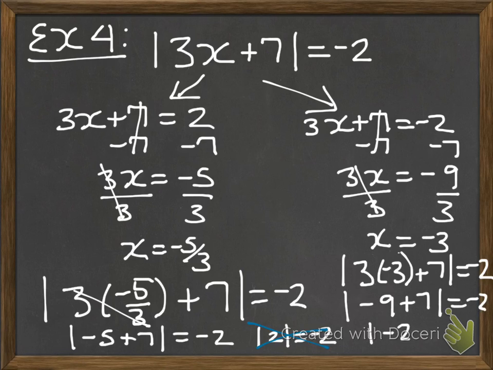And here we'd end up with the absolute value of negative 2 equals negative 2, which again we know is not true. So how we would write the answer to this, which many of us may have noticed right there at the beginning, is you would say that this has no solution. You can write that as a little circle with a line through it, or you can just write out no solution.